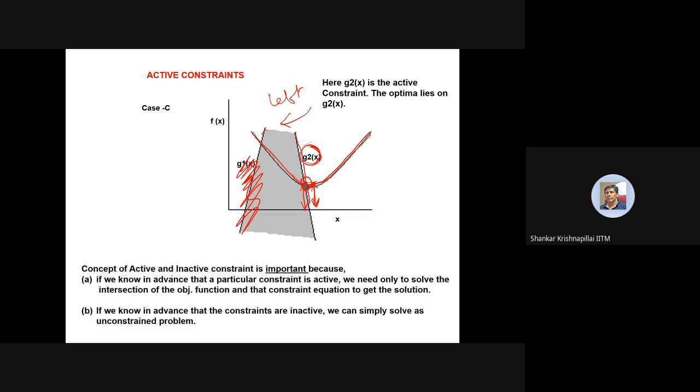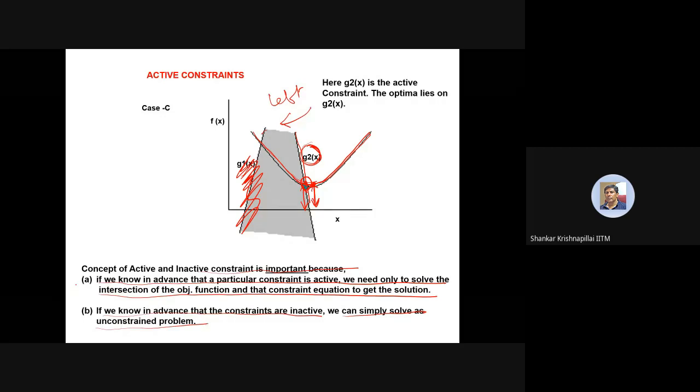So the concept of active and inactive constraints is important because if we know in advance that a particular constraint is active, we only need to solve the intersection of the objective function and that constraint equation. If we know in advance that the constraints are inactive, we can simply ignore them and solve as an unconstrained problem, that means just differentiate the objective function, equate the first derivative to 0 and find the solution.